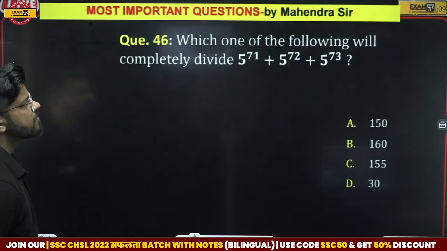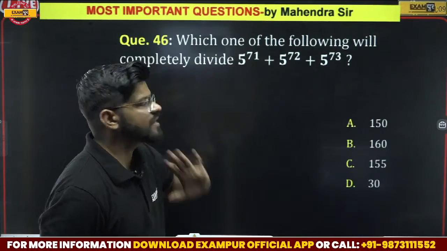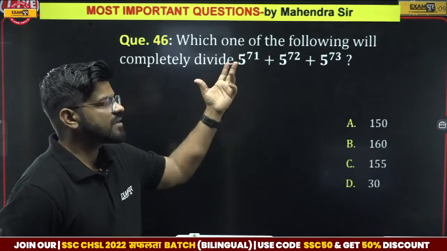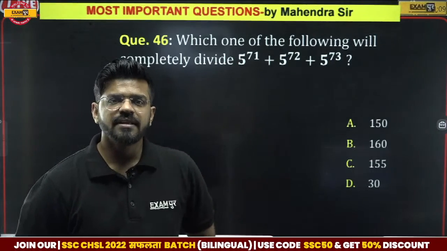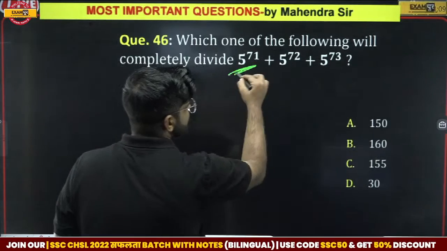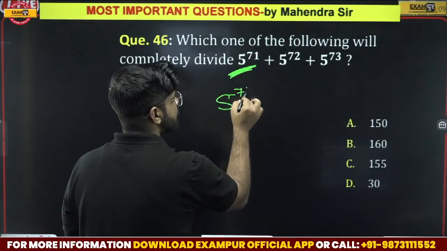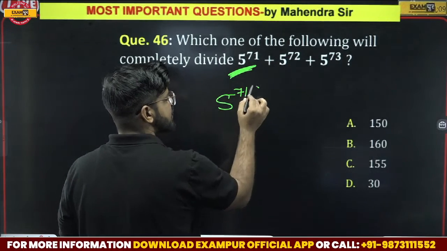Which of the following will completely divide 5 to the power 71 plus 5 to the power 72 plus 5 to the power 73? Whenever you get these types of questions, just take this part common. Now 5 to the power 71 has been taken common.